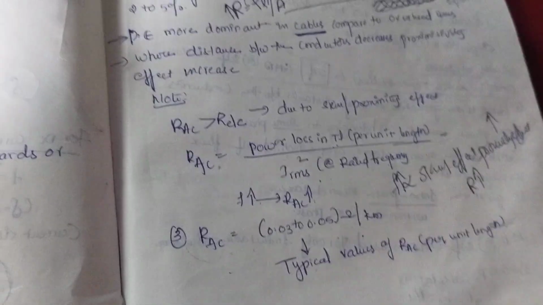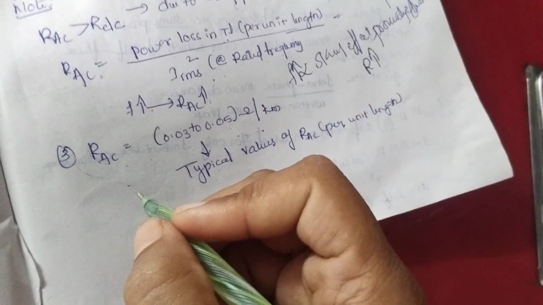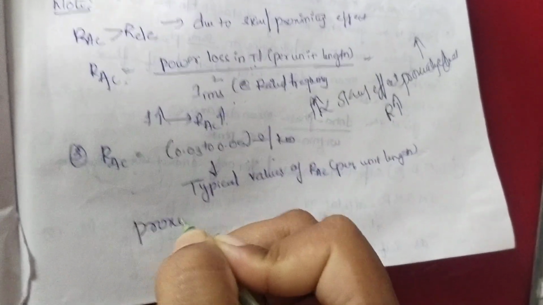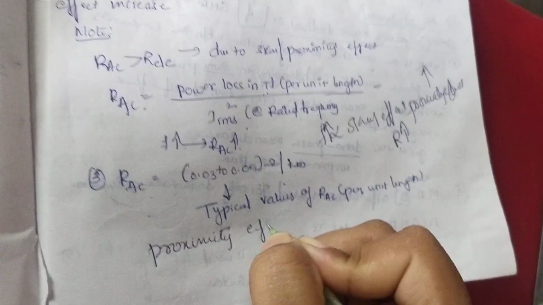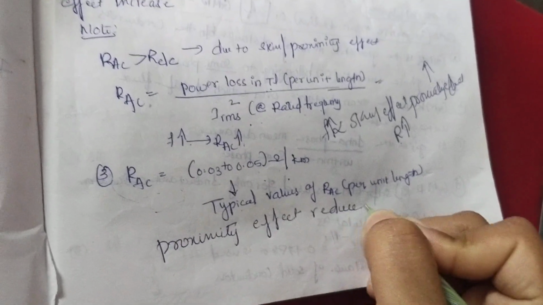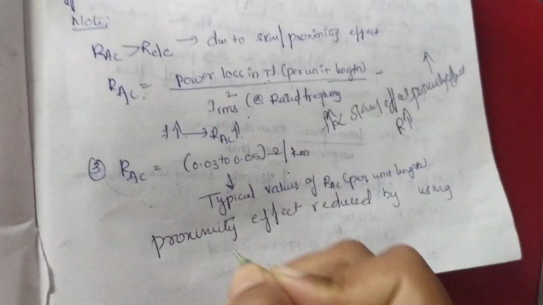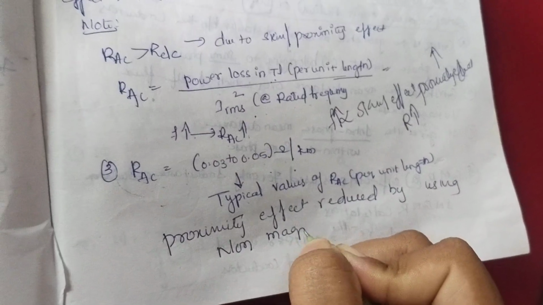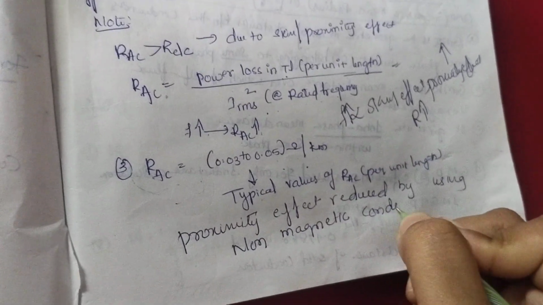And one more important thing: proximity effect is reduced by using non-magnetic conductors.